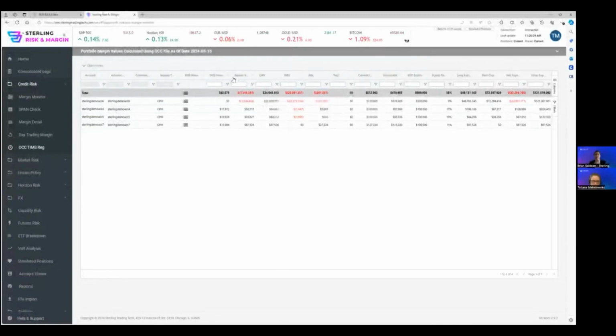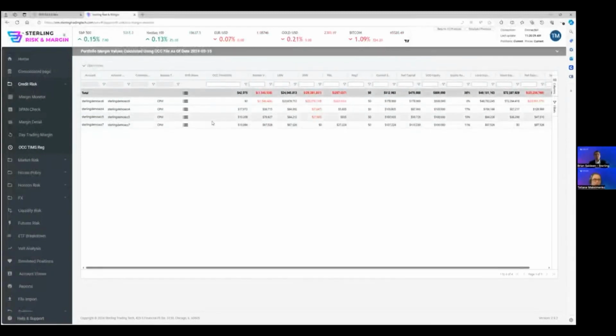And the value sits here in this column. Everything that I've shown you so far is also available through the API. So some firms will use us to monitor margin intraday. Some firms will use us to obtain the regulatory end of day calculations, essentially this OCC TIMS Reg number. Some firms do both.